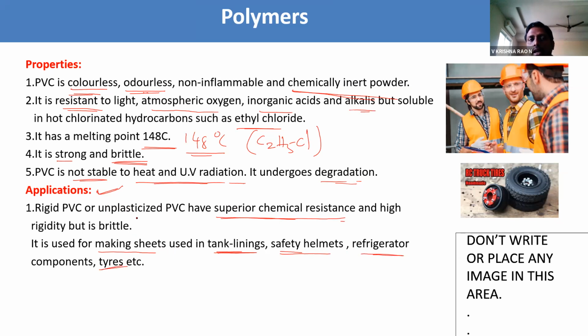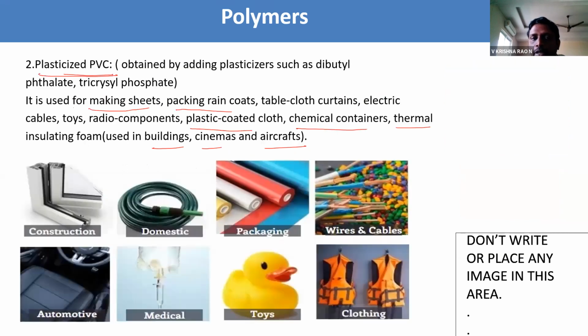Rigid or unplasticized PVC has superior chemical resistance, so we use it in these applications, but it is brittle in nature.